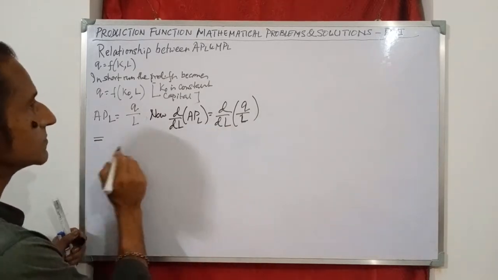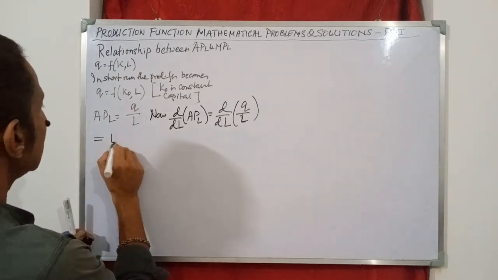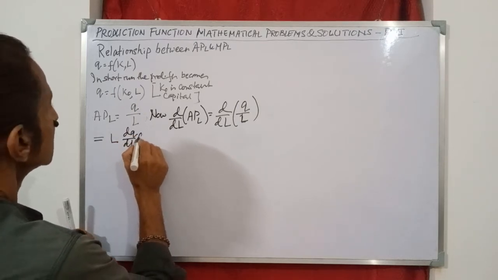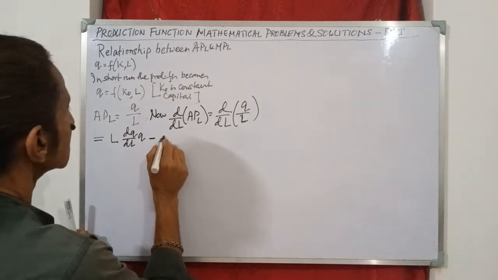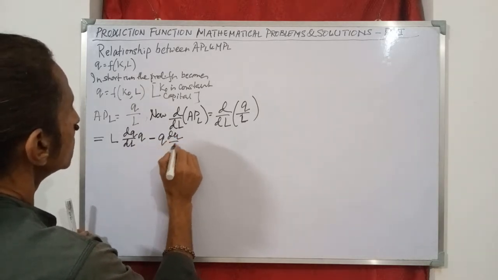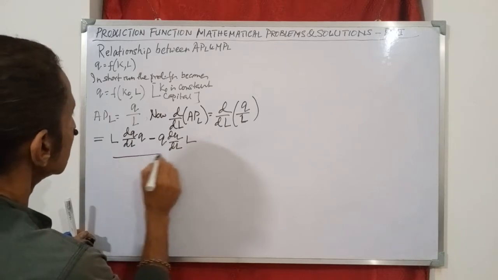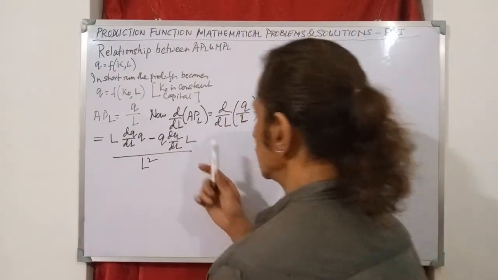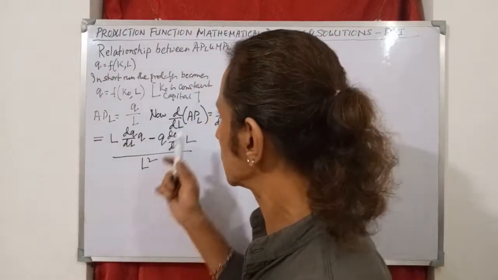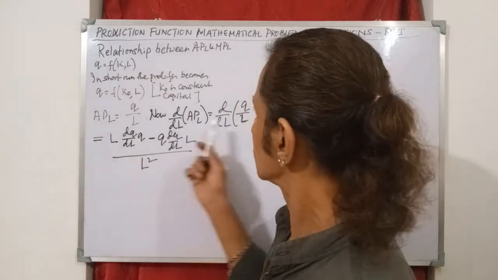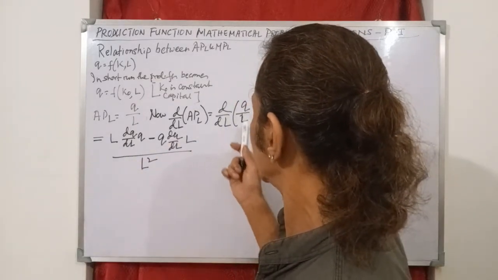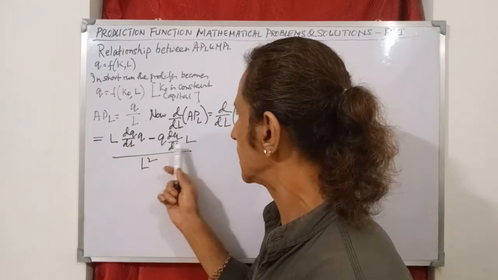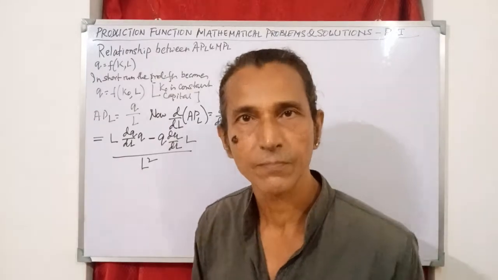This is equal to [L dQ/dL minus Q dL/dL] divided by L square, right? We are differentiating APL, that is Q by L, with respect to L. So d/dL of Q by L becomes L dQ/dL minus Q dL/dL, divided by L square.